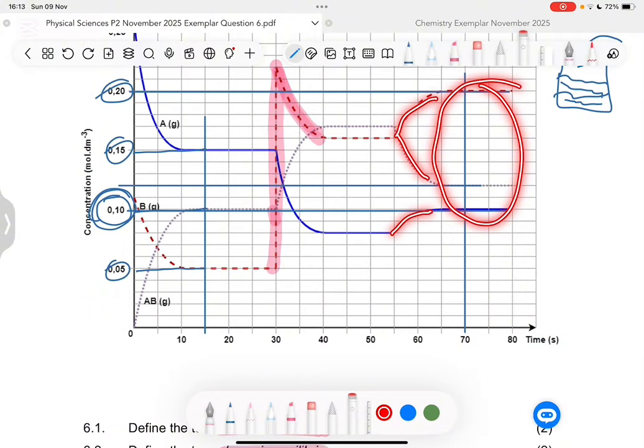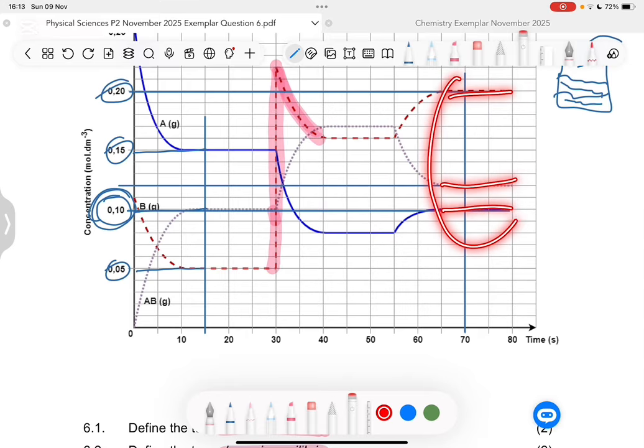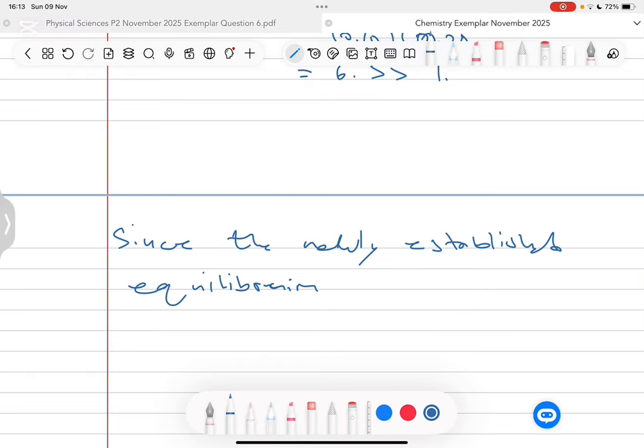Remember that after this disturbance, we are going to cancel this disturbance and establish a new equilibrium here. So this newly formed equilibrium here, that's what I'm saying, is not the same equilibrium.